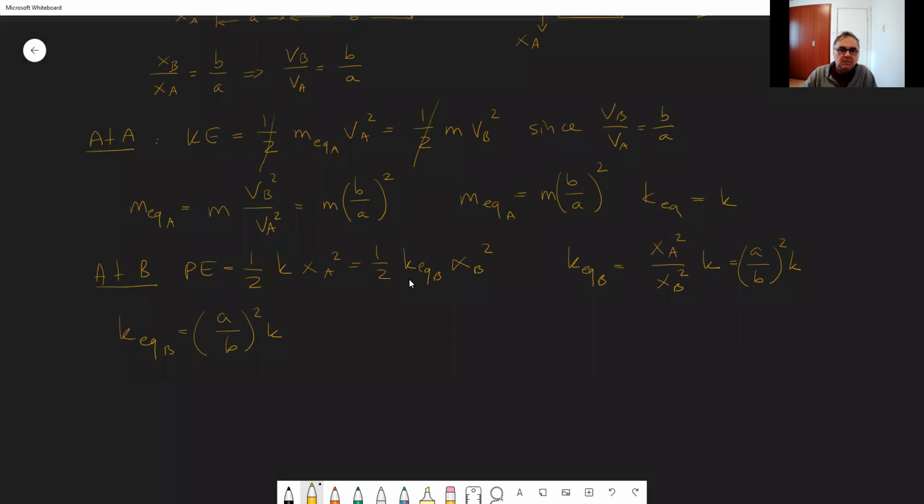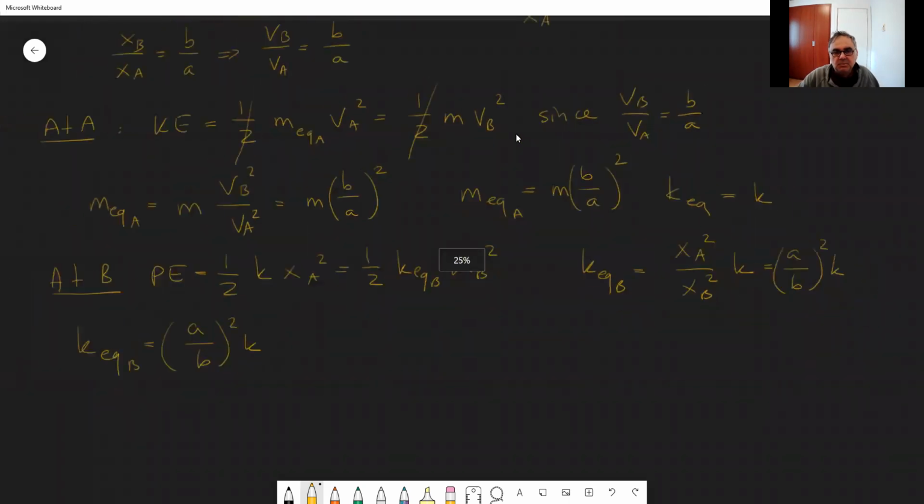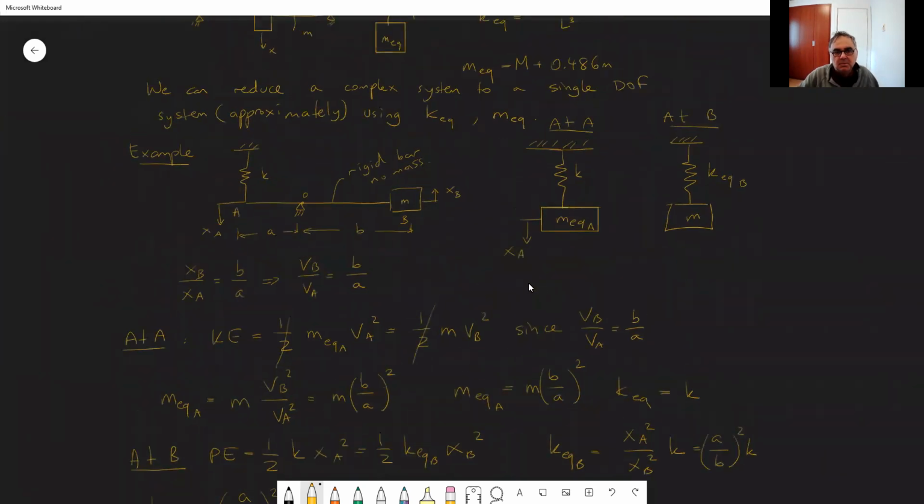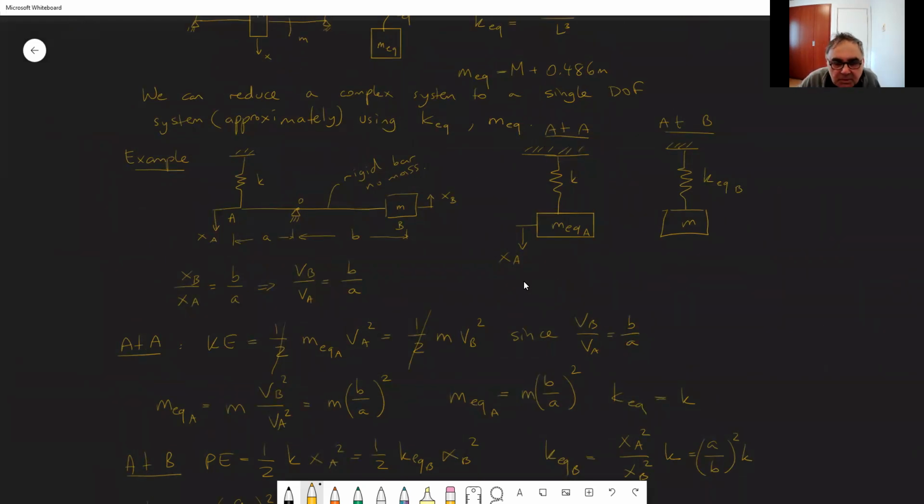So the equations are going to be, for this one, let me write it here, B over A squared M XA double dot plus K XA equals 0 would be the equation for this one. Okay.